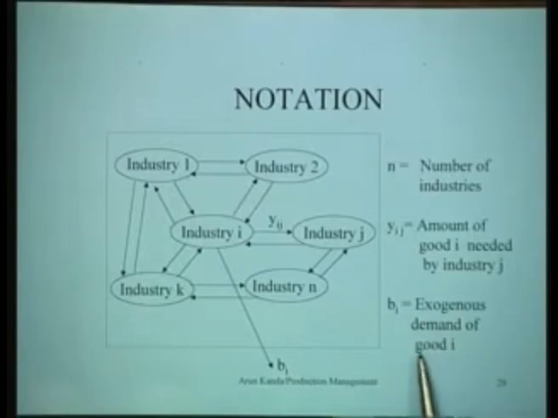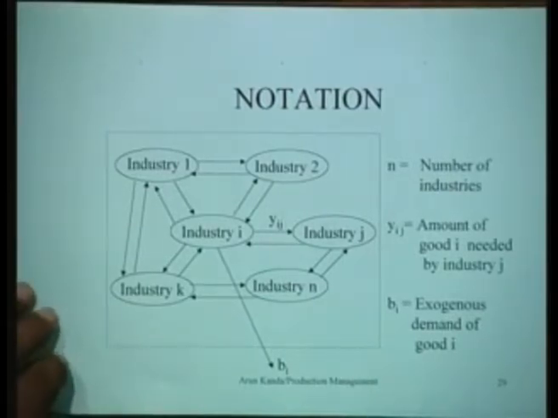And Bi is the exogenous demand of good I. Every industry will have some exogenous demand, which is either exports or whatever the consumers consume; that is the exogenous demand. So, this is the model that we are trying to look at in terms of Leontief's model.